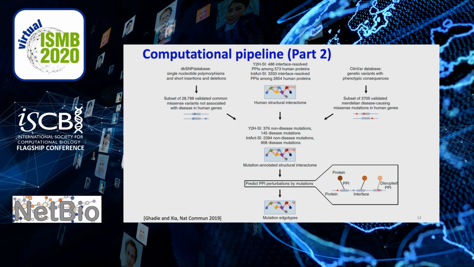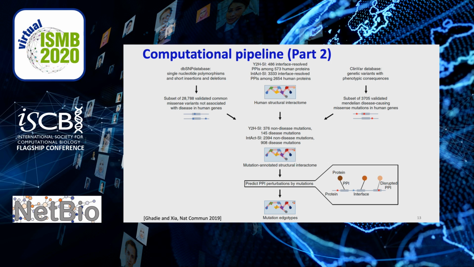Here is our pipeline to predict mutation edgotypes. We started with the human structural interactomes. Next, we mapped different kinds of mutations onto the structural interactomes. These include common missense mutations not associated with any disease from the dbSNP database, as well as Mendelian disease-causing missense mutations from the ClinVar database.